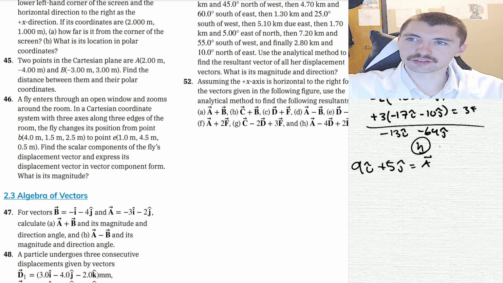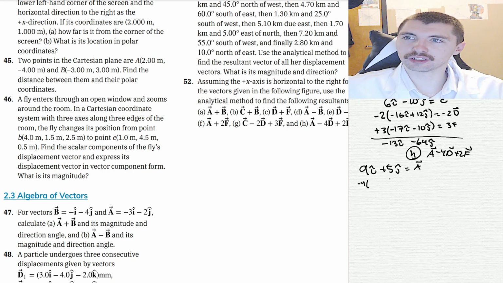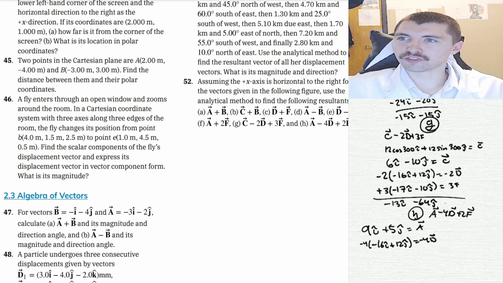So A is, okay, so this minus 4D, 12j, and then 2F. 2F we've already found.